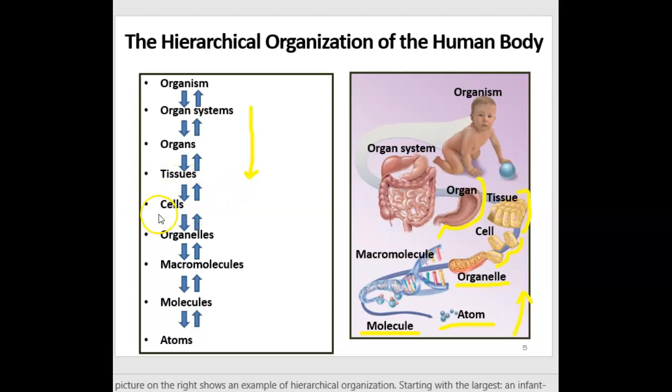And a single tissue type, muscle tissue for example, is made up of many different cells. A single cell has many different organelles inside, and an organelle is made up of different large molecules that can be broken down into smaller molecules and then finally into individual atoms. That's the smallest unit.